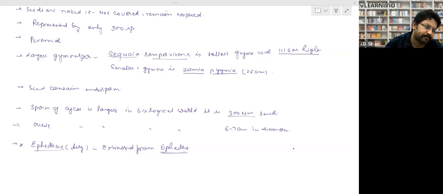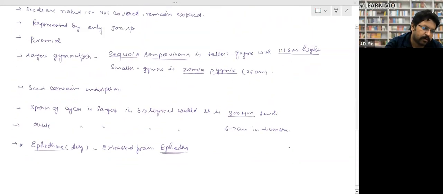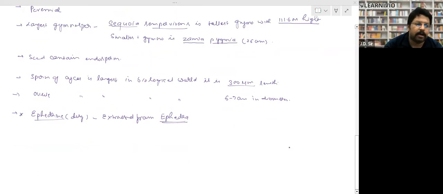Next point. Xylem and phloem are well developed. Next point.